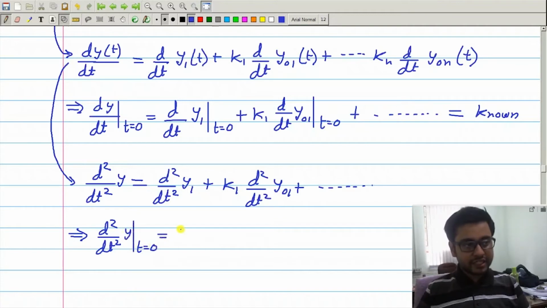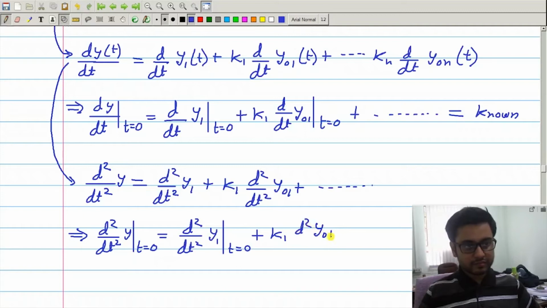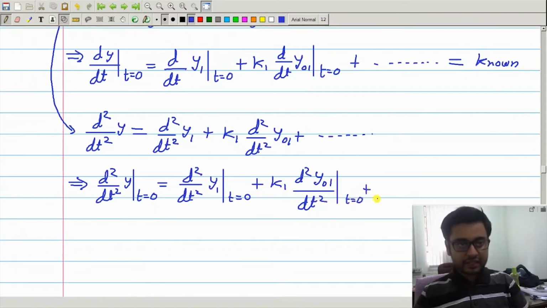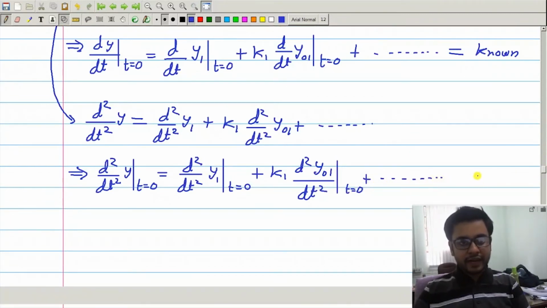This is the left hand side and the right side is like this, plus other terms, and this is also known because this value is given in the initial conditions.